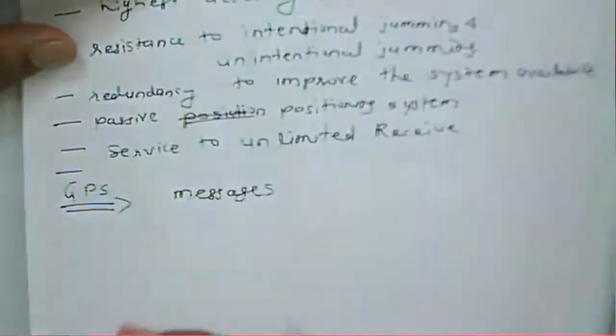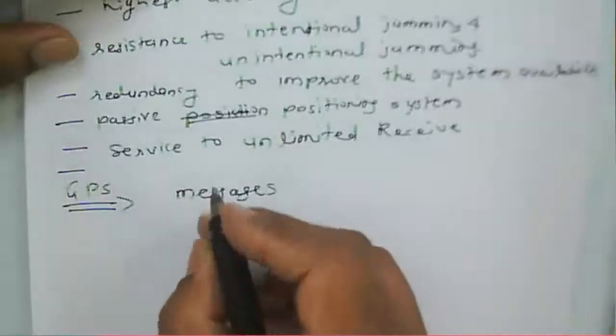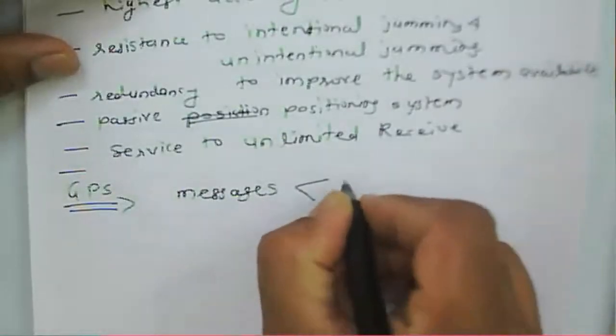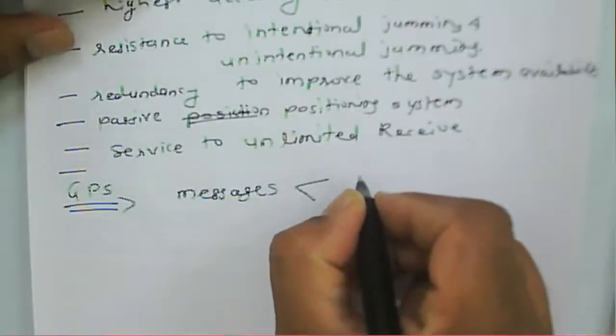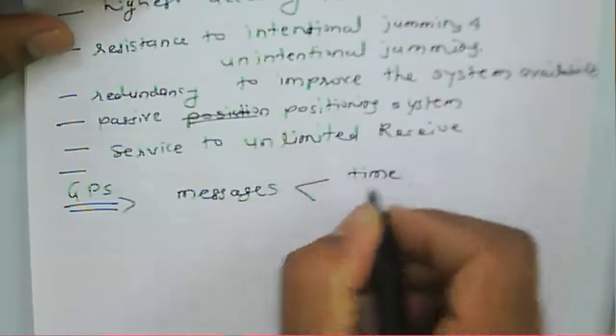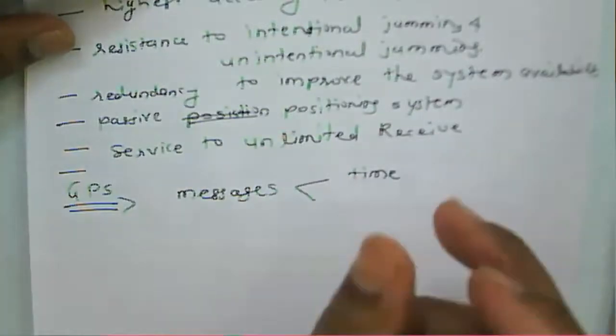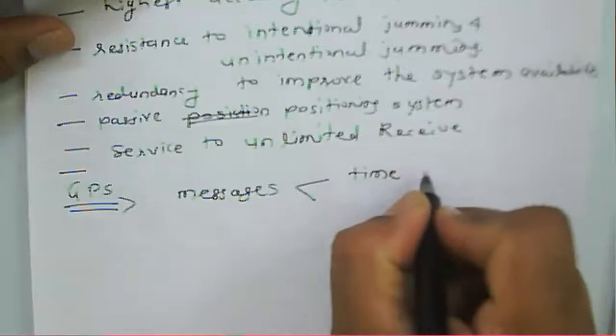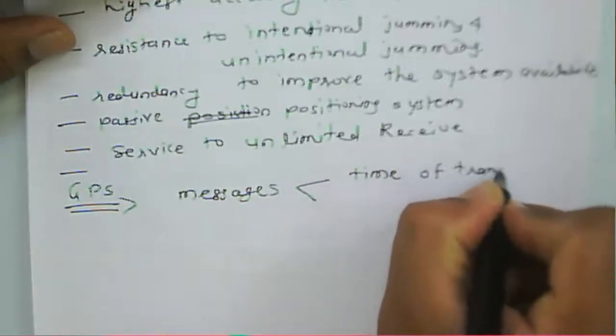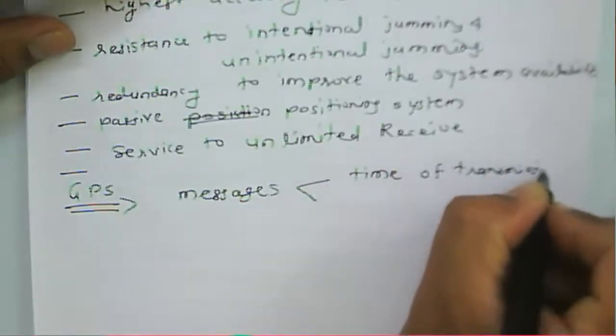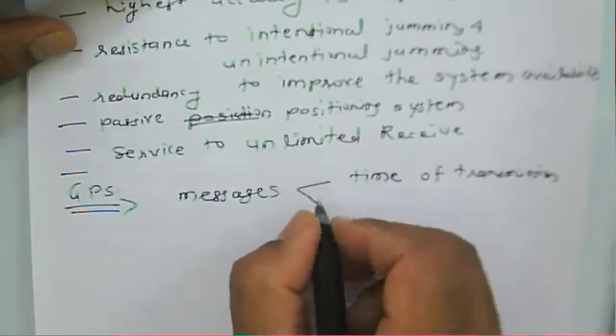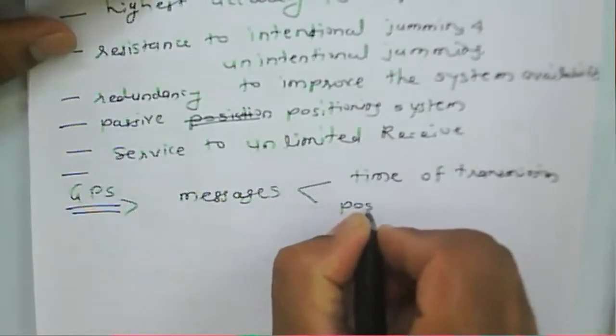That particular satellite sends the message, and that message has information about the accurate time of transmission and the position.